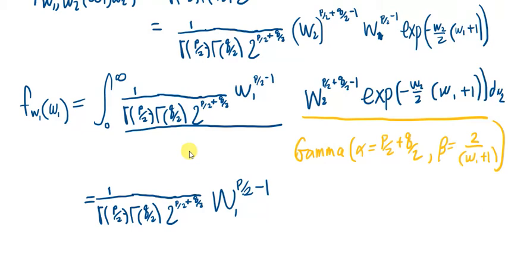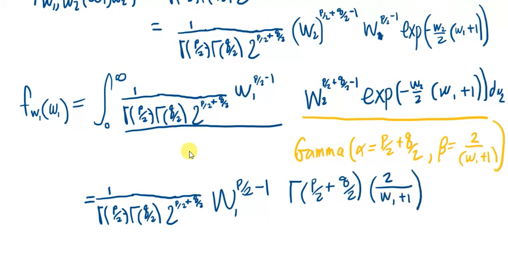Now from the kernel of the gamma distribution, we have gamma p over 2 plus q over 2. And then we have the beta parameter, so this would be 2 over W1 plus 1 to the power of p over 2 plus q over 2.